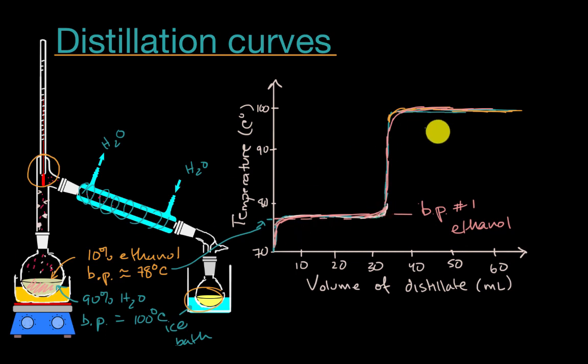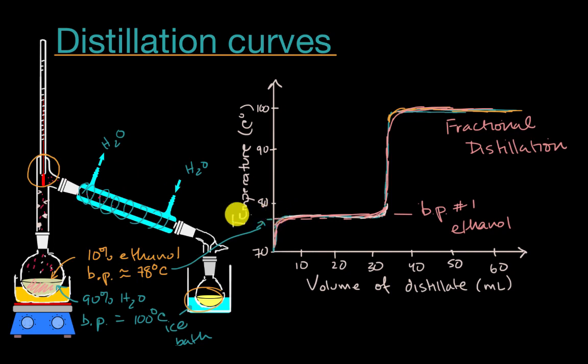Now, what I just showed you, this is fractional distillation. You might be wondering, what about simple distillation? Simple distillation does not have those repeated cycles of condensation and vaporization, so you don't have as pure of a vapor of your lower boiling point substance early on. So what happens with simple distillation is you have both water and ethanol vapors that need to get up here.